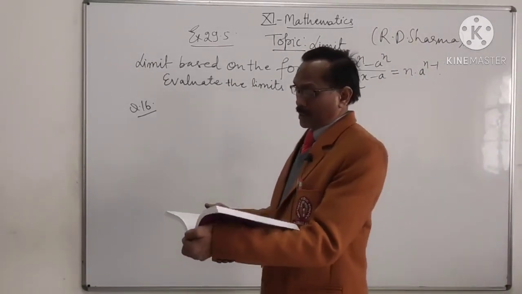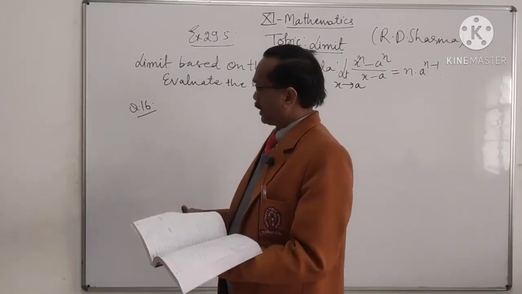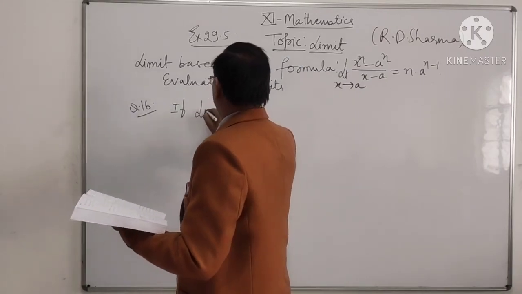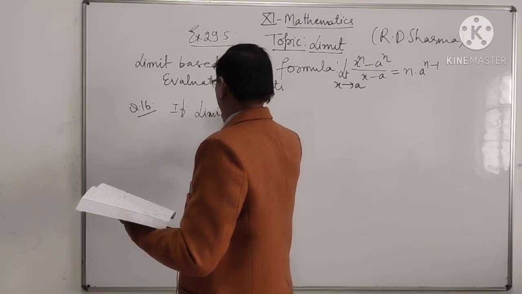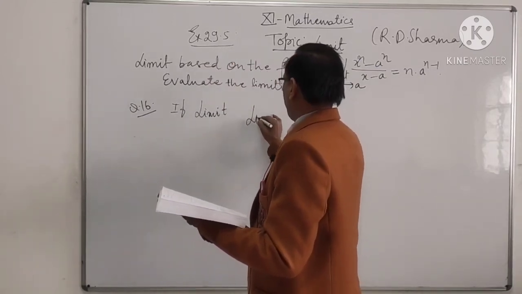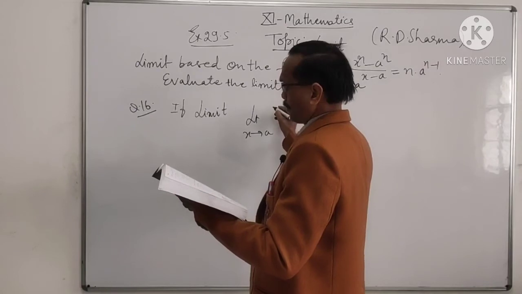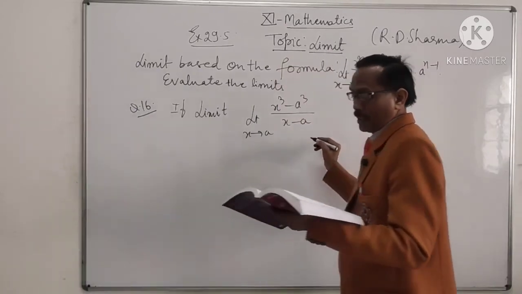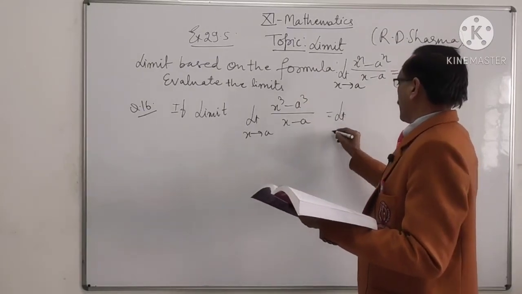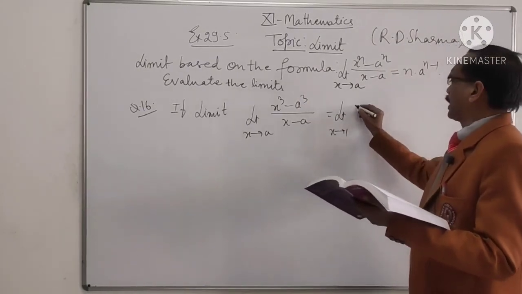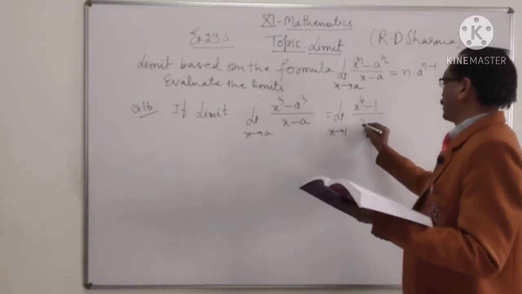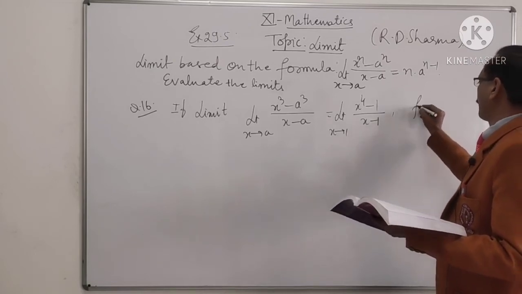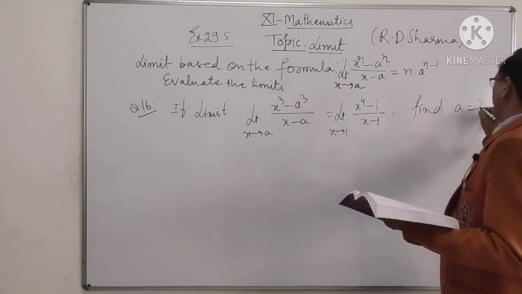Now the next is question 16. If there is a limit x tends to a, x cube minus a cube upon x minus a is equal to limit x tends to 1, x power 4 minus 1 upon x minus 1, find all possible values of a. Find a.